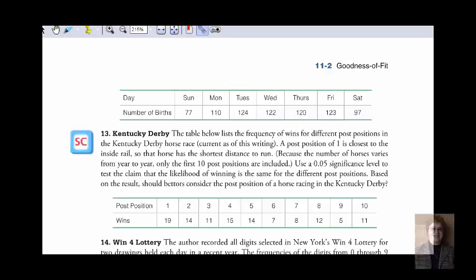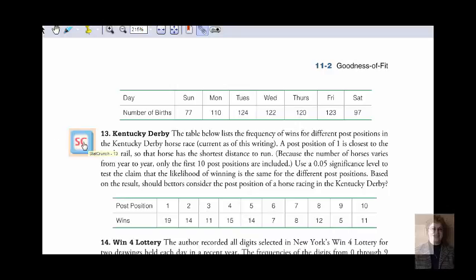A post position of 1 is closest to the inside rail, so that horse has the shortest distance to run. And we're looking at the first 10 post positions. We want to use a .05 significance level to test the claim that the likelihood of winning is the same for the different post positions. Based on the results, should bettors consider the post position of a horse racing in the Kentucky Derby?